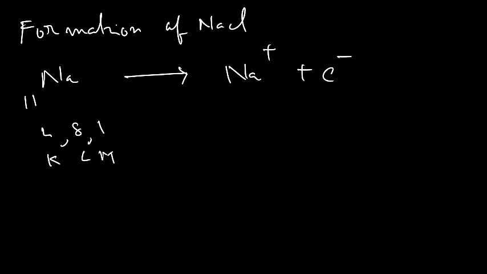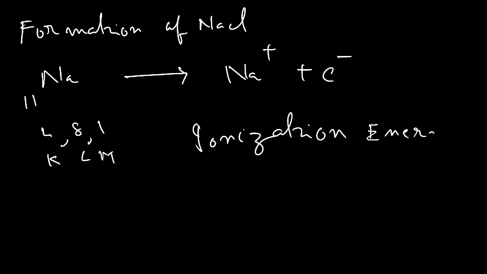To remove the electron, certain energy is required. What do you call that energy? The energy required to remove an electron from the outermost orbit of an isolated gaseous neutral atom is known as ionization potential or ionization energy.